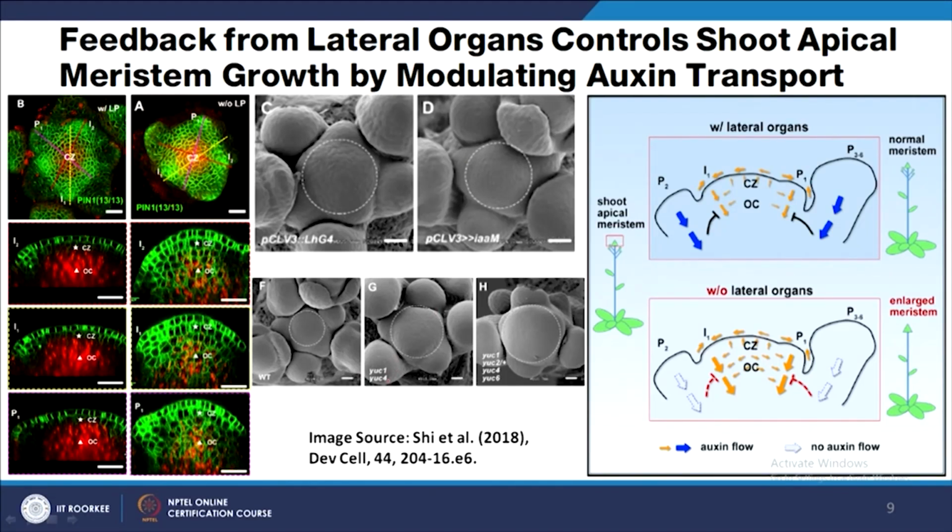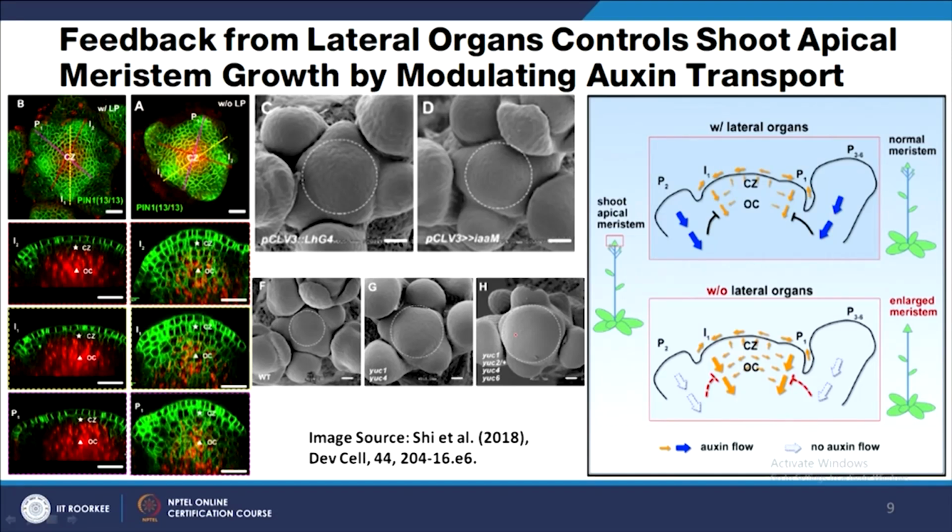So, if you have double mutant of yucca 1 and 4 or triple or quadruple mutants of different members of the YUCCA gene family, essentially you are reducing total biosynthesis of auxin, and in that case you can see that the meristem size is increasing. So, this tells that there is a clear feedback signaling between lateral organs as well as the meristem.